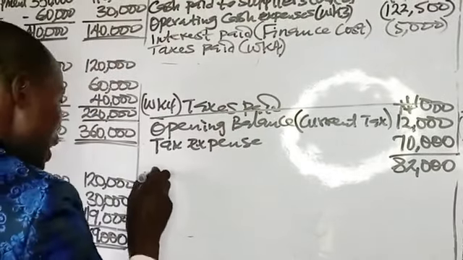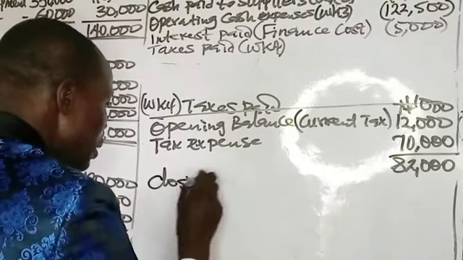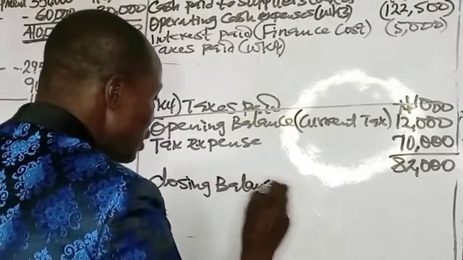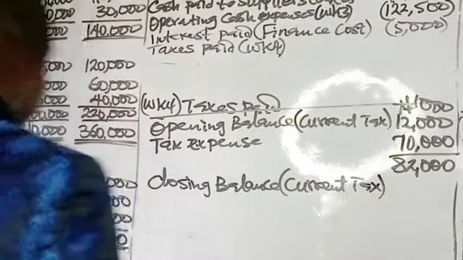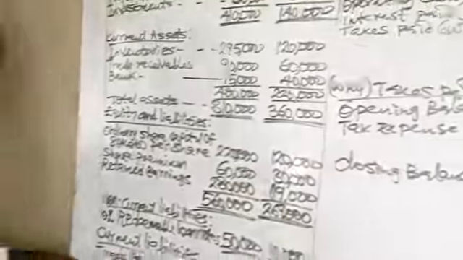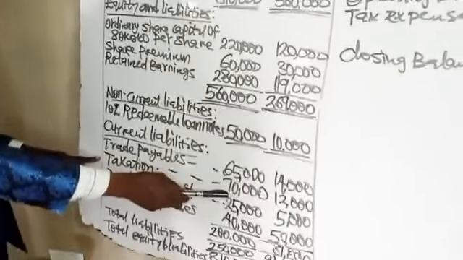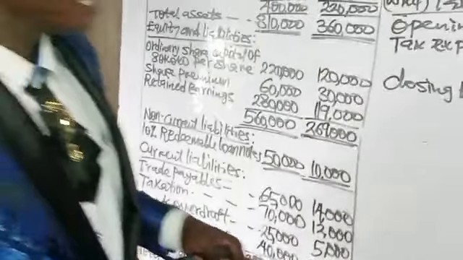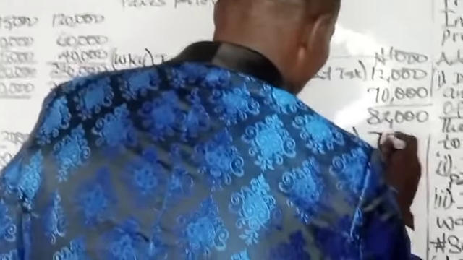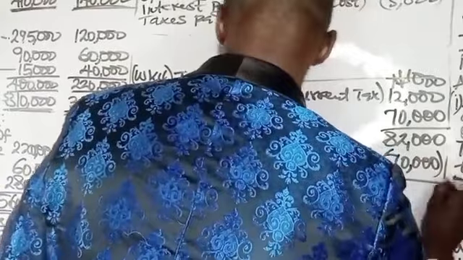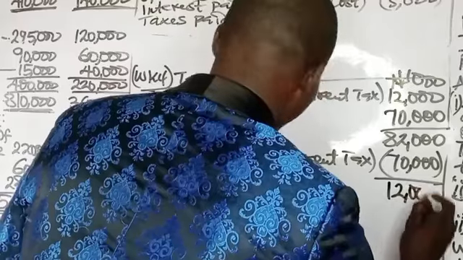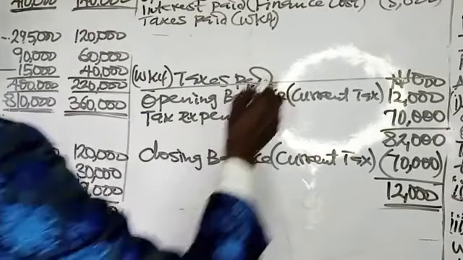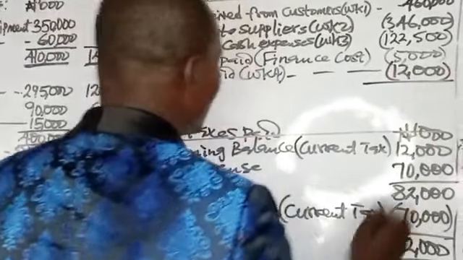Then you have the closing balance. Under current liability, you have current income tax. How much is that? The closing balance, taxation, you have 70 million. So we subtract the 70 million. So we have 12 million. That is taxes paid. 12 million is the amount of tax paid for the period.